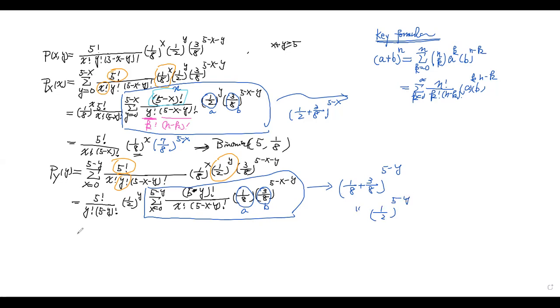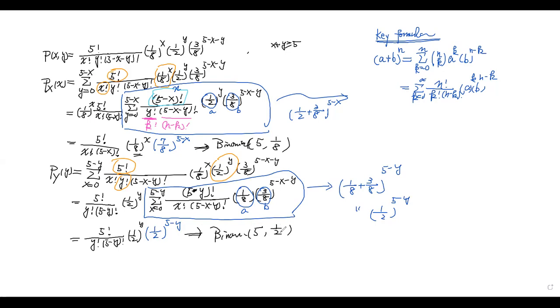Now you put these together: 5 factorial over y factorial, (5 − y) factorial, times (1/2)^y, and we just did the binomial expansion, so it's (1/2)^(5 − y). Wow, what is this? This is the binomial again with n equal to 5, and p is equal to 1/2.